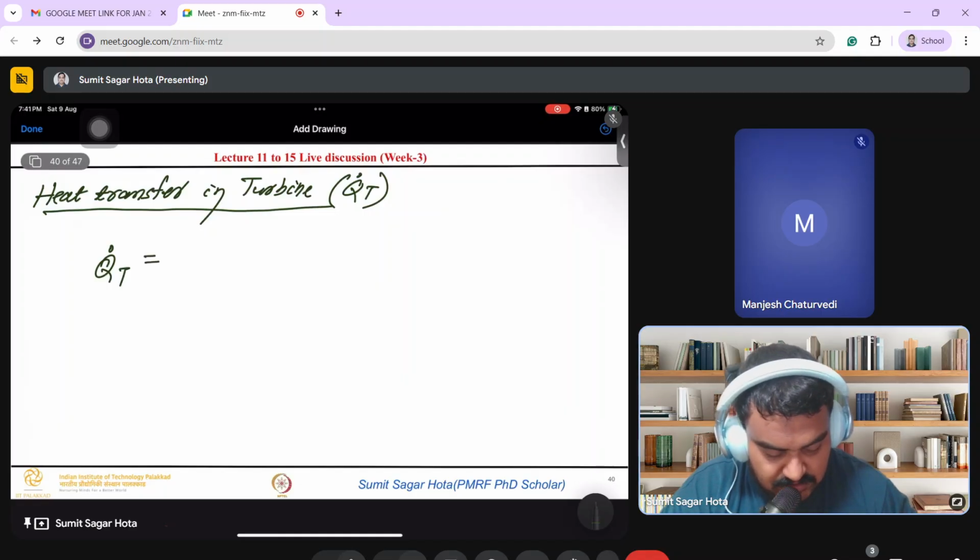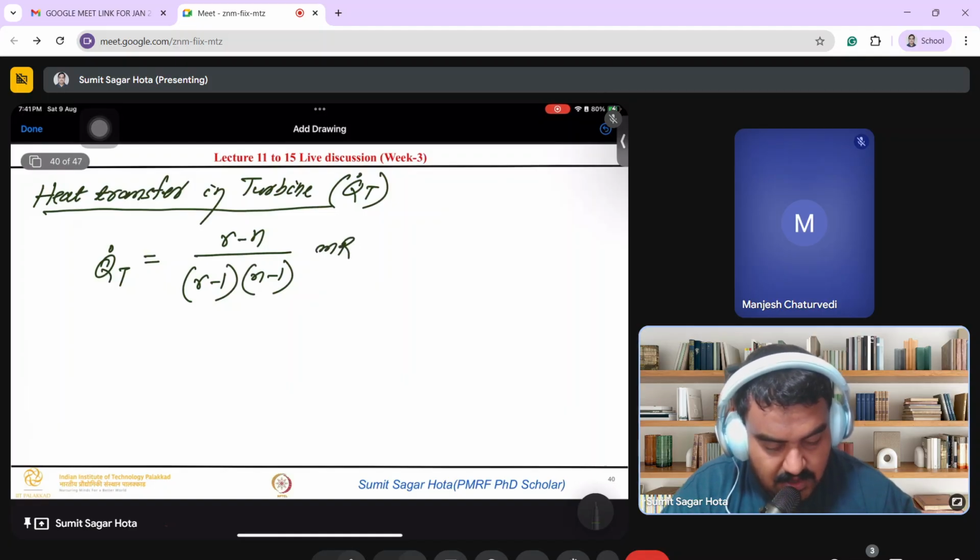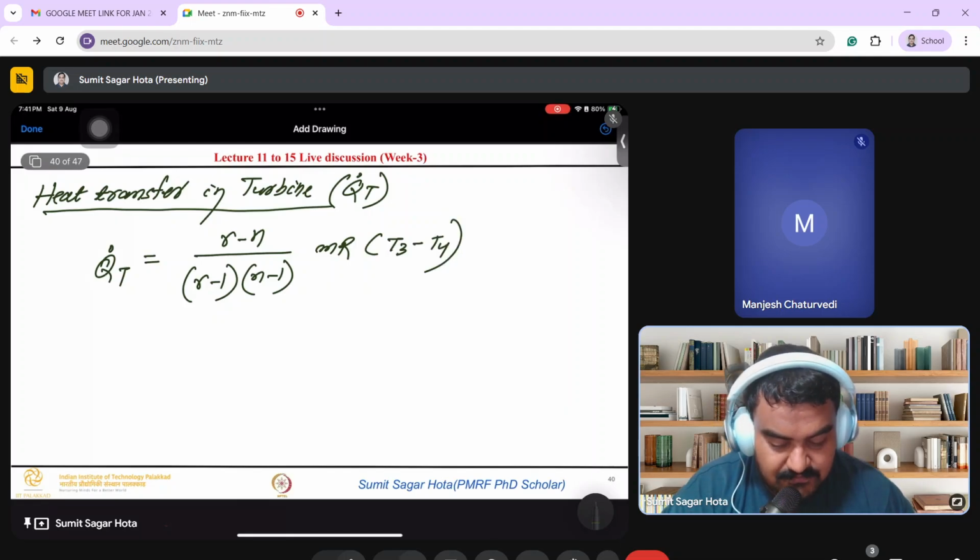So Q dot T is equal to (gamma minus n) divided by (gamma minus 1) into (n minus 1) into mR (T3 minus T4).